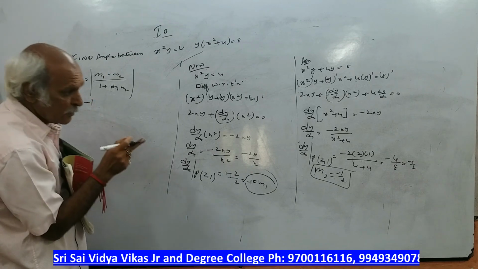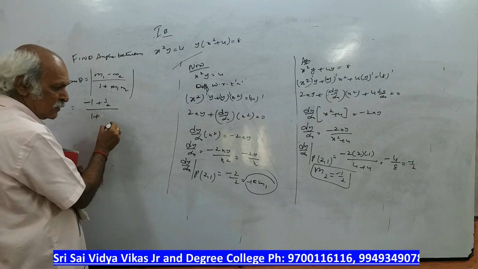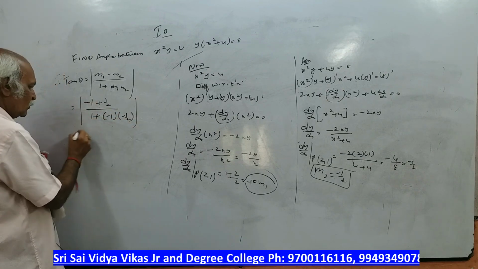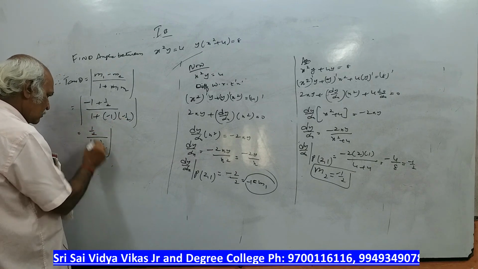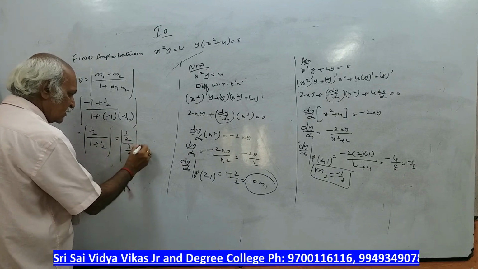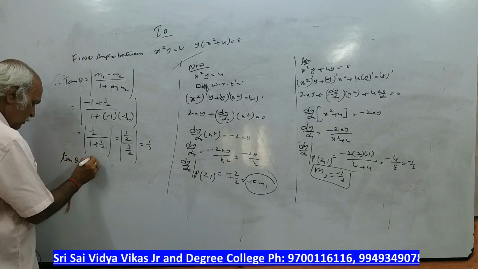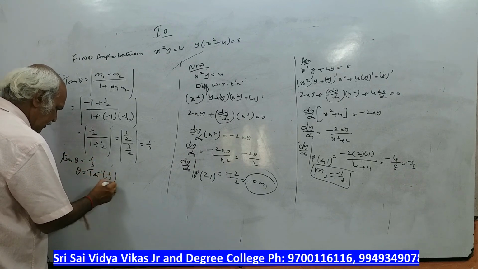Minus 1. m2 is minus 1 by 2, so plus 1 by 2, by 1 plus minus 1 into minus 1 by 2, modulus. So this becomes 1 by 2. This will become 1 plus 1 by 2. So this becomes 1 by 2 by 3 by 2. Cancel. So 1 by 3. So tan theta is equal to 1 by 3. Theta is equal to tan inverse 1 by 3.